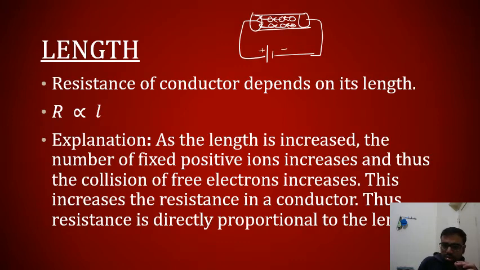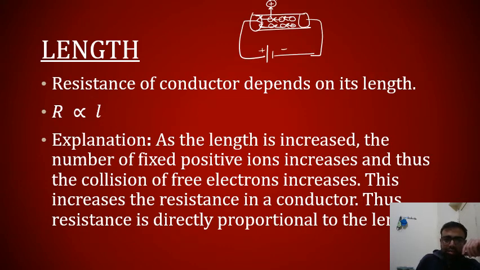So those atoms will become positively charged ions. The electrons will collide, so electrons will face difficulty in flow. That is called resistance. So what basically is resistance? Resistance is the difficulty in the flow of the electrons.